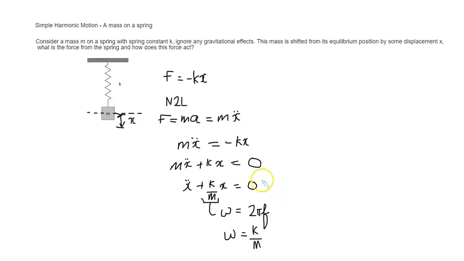To solve this further, you would need to find solutions for x that would solve this equation, and there should be something that comes to mind immediately. It's a function that when you differentiate it twice, it goes directly back to the original function, and that can be pretty much any sine or any cosine.